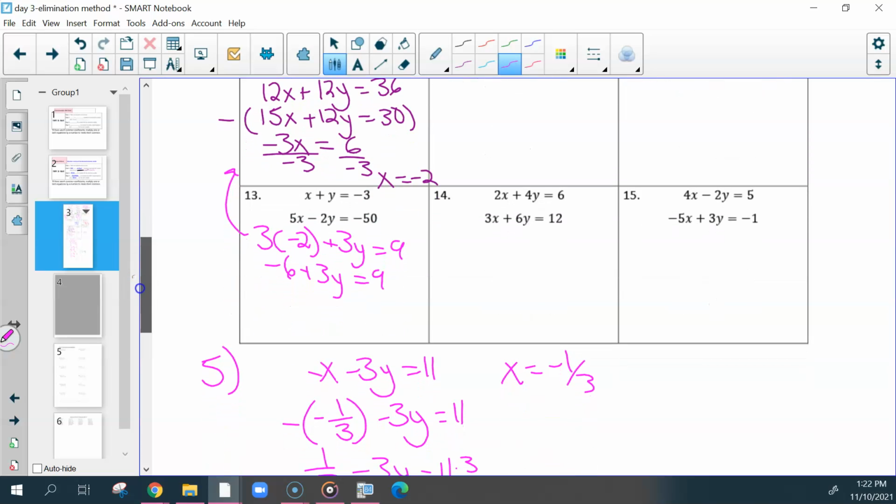I can solve for y. Add 6 to both sides, divide. So our ordered pair there would be negative 2, 5.